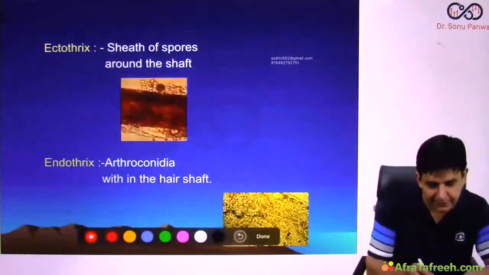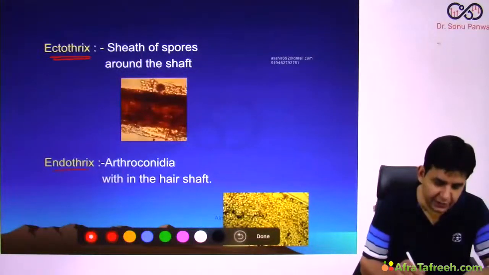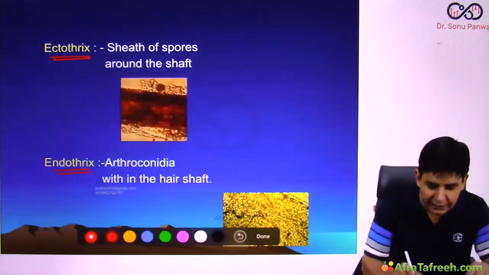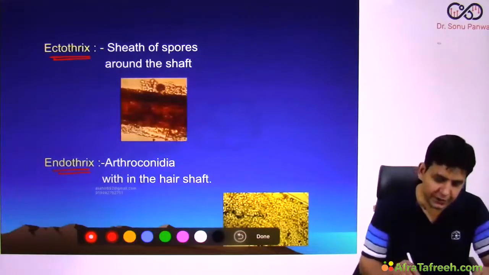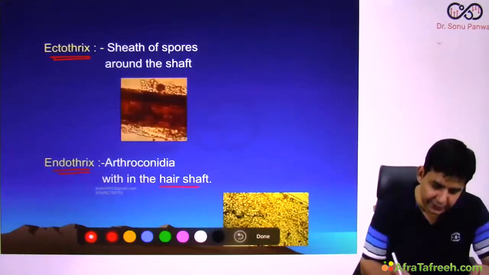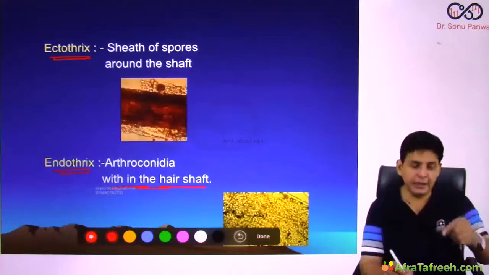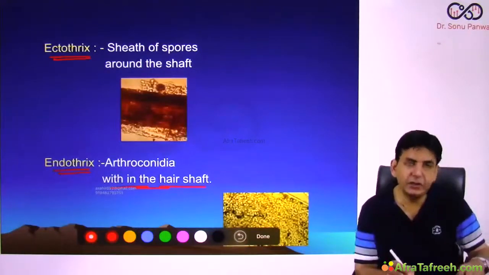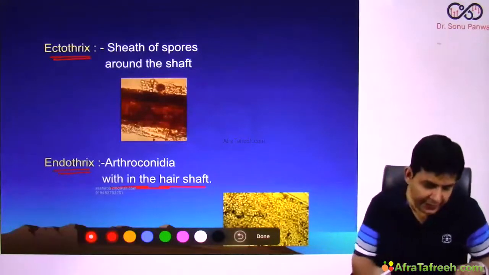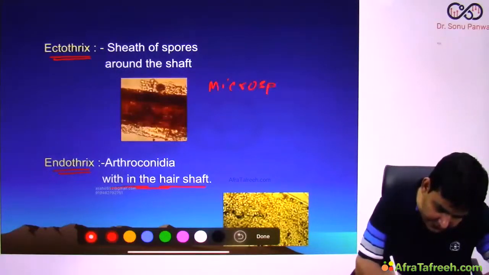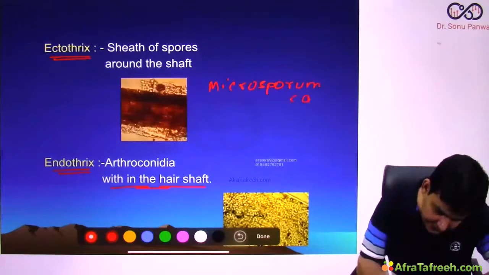Then in the same tinea capitis, you have ectothrix also, and you have endothrix also. Ectothrix means around the hairs you will observe a sheath of spores, and arthroconidia are observed within the hair shaft. You already know what arthroconidia are. They are rectangular, and they are seen in endothrix. Ectothrix is caused mostly by Microsporum canis and Microsporum audouinii.